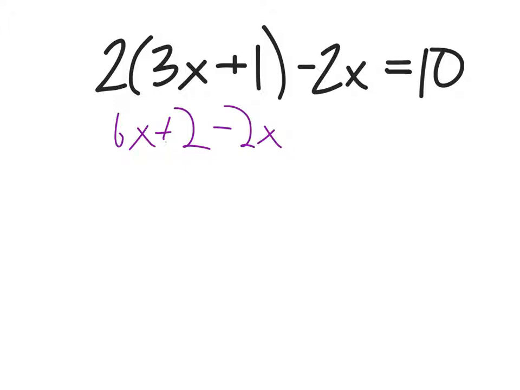2x. Now I'm going to combine like terms, which is negative 4. No, that's a positive 4. Just ignore that. Positive 4x plus 2 equals 10.